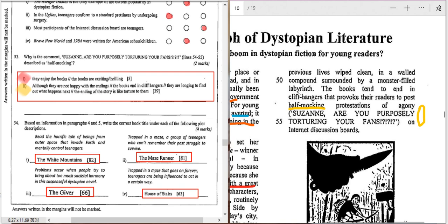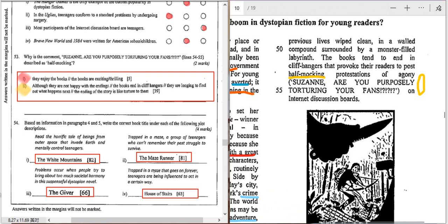So that is the summary of that book. Now here is the conclusion of paragraph 4. The books tend to end in cliffhangers that provoke their readers to post these words on the online discussion boards. So the very first thing you need to know is, well, what are cliffhangers?